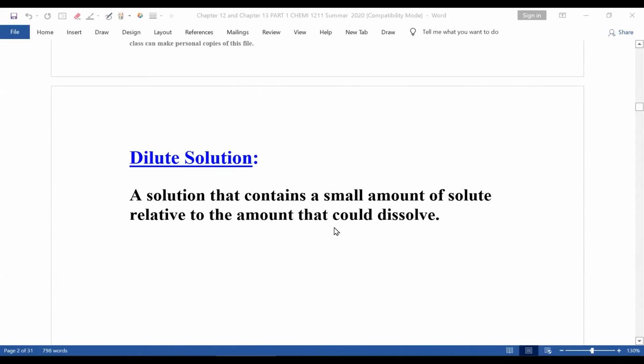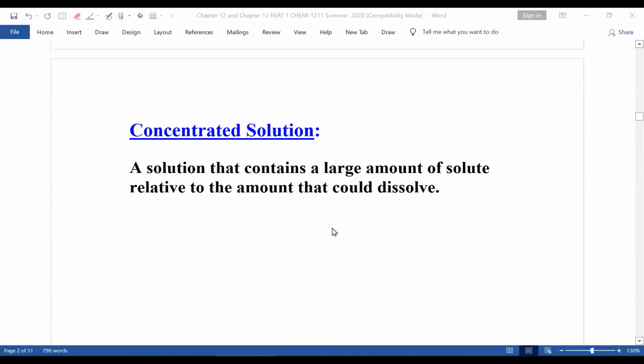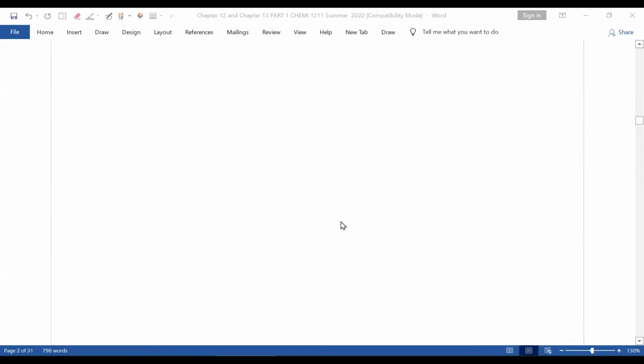Dilute solution, you have a small amount of solute compared to what you could put in. I'm going through this quickly because I talked about it yesterday. Concentrated solution, you're not at maximum saturated, but you're pretty close. You have a large amount of solute present in your solution.